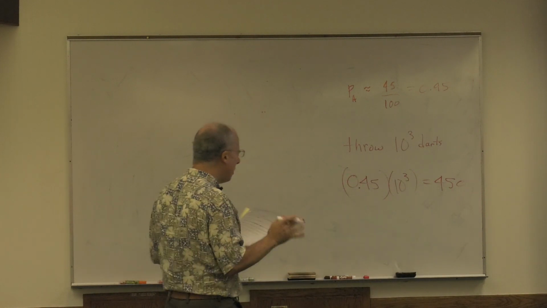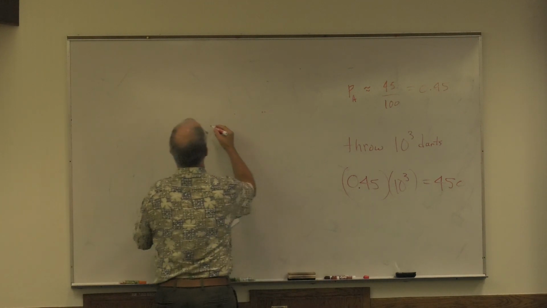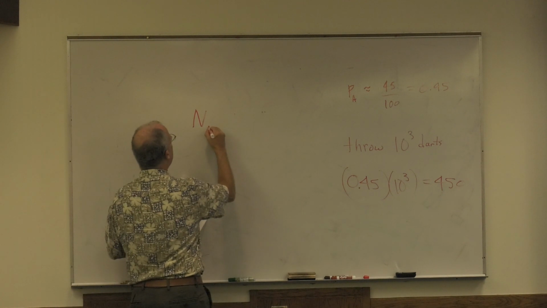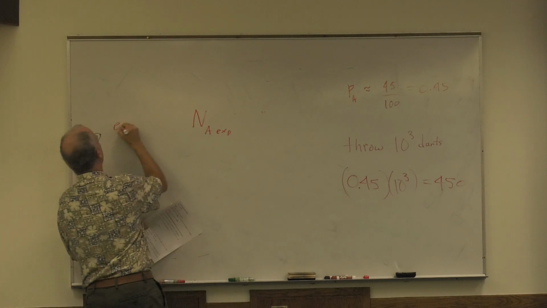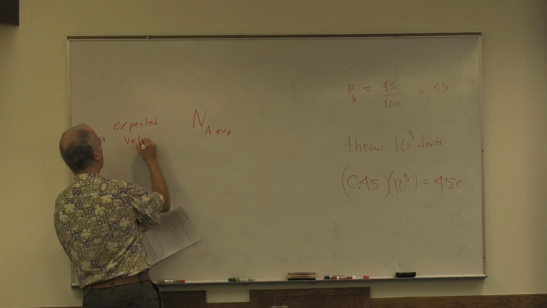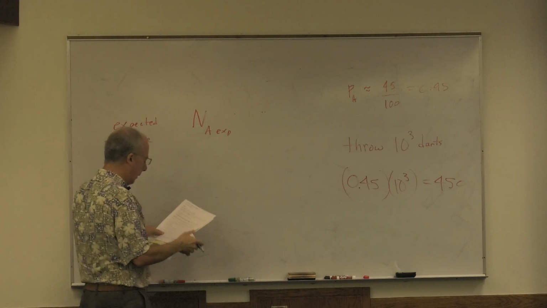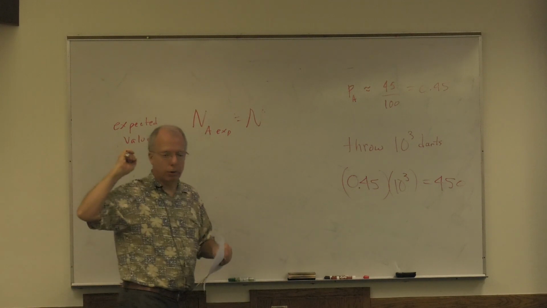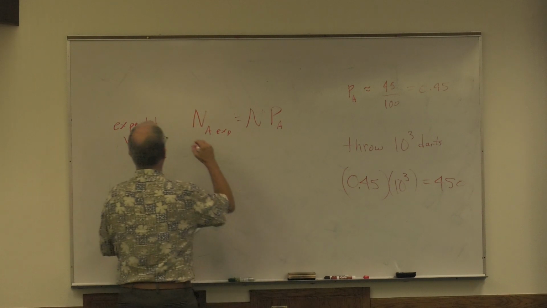Now, but let's write, what is this? Okay, this is the probability, right? So the number that you expect, N A expected, let's call it an expected value. So the expected value, N A expected, is just equal to N, the number that you throw, times the probability that it's going to go in A. All right?